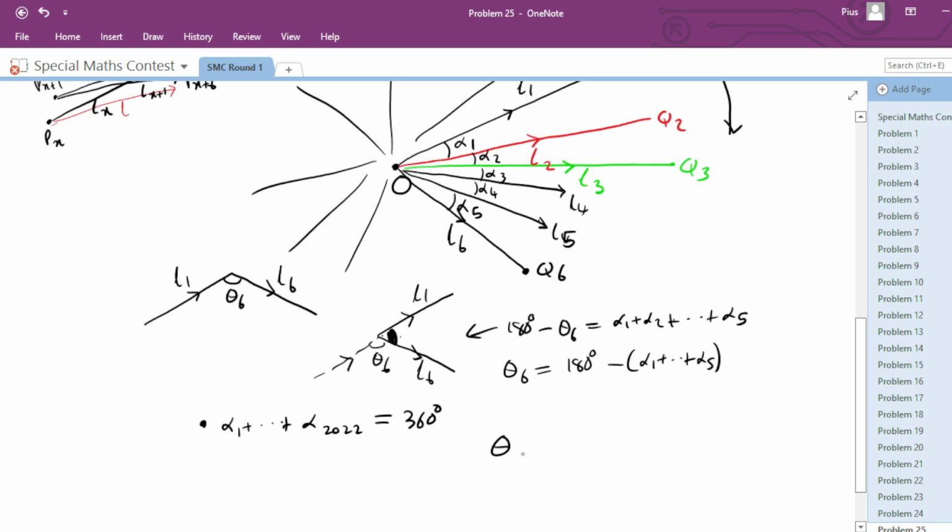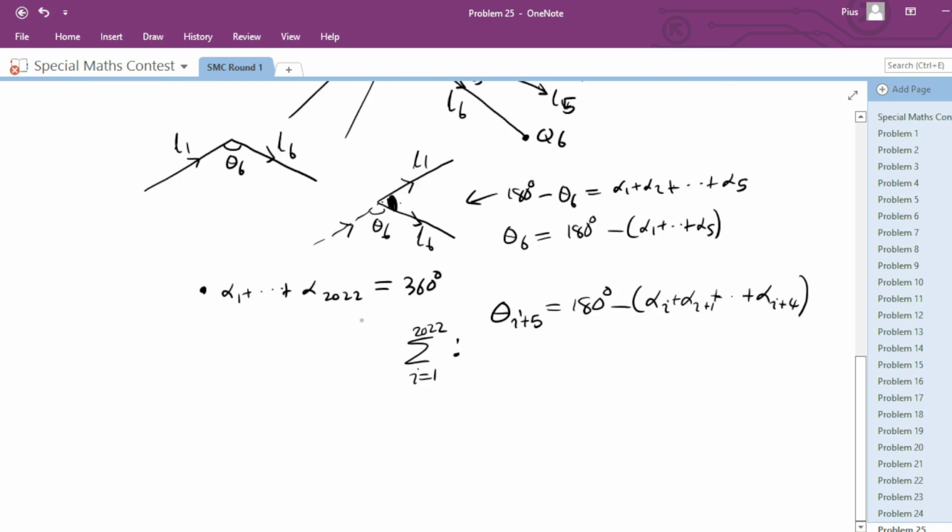Theta i plus 5 will be 180 minus alpha i plus 1 all the way to alpha i plus 4. This is for all i. So we're just going to sum over i from 1 to 2022, and then we'll see what we get.